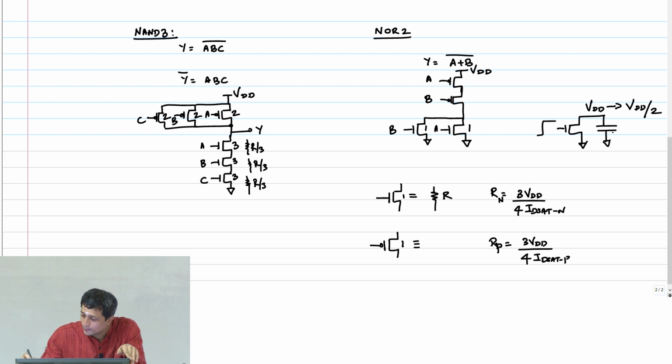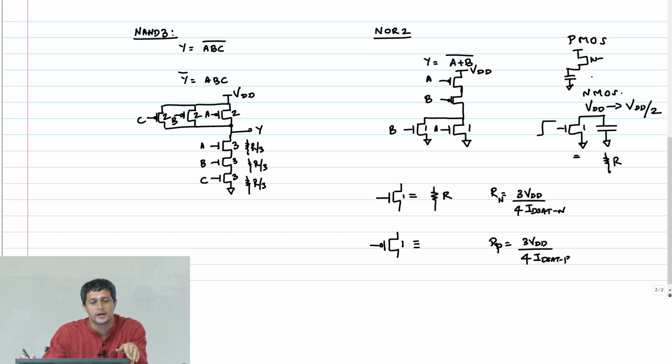This would give me an equivalent resistance of R, that's what I'm saying, for the NMOS. For the PMOS, maybe I should write like this, right? And the capacitor is going from 0 to VDD by 2.